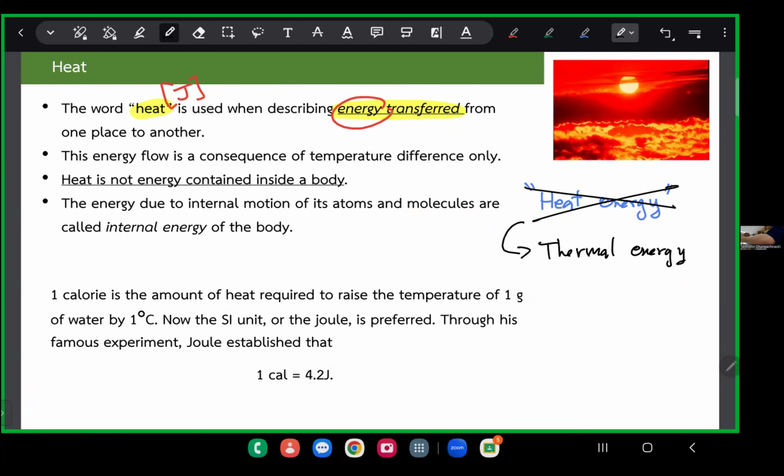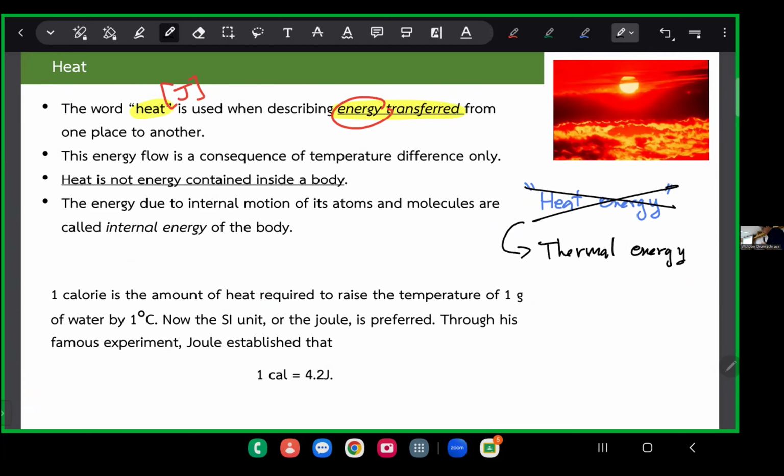That's why it's a transfer. Your energy from the body is coming out into the room. That's why we call it heat, because it's a transfer. Good? All right. So that is the distinction between thermal energy and heat. Heat is a transaction that needs some movement. Something is going on.